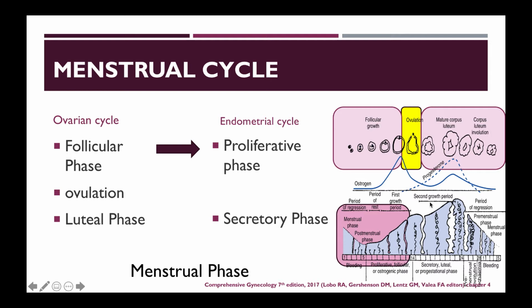And the second half of the endometrial cycle is what we call the secretory phase. So the luteal phase corresponds to the secretory phase of the endometrial cycle. And at the end of this cycle, we have the menstrual phase.